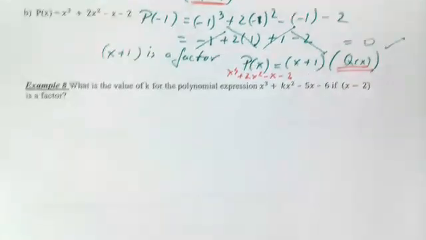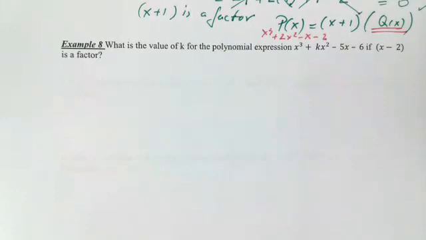Okay. Keep going. Example 8: what is the value of k for the polynomial expression x cubed plus kx squared minus 5x minus 6 if x minus 2 is a factor? If it's a factor, you have a division. Think about the factor theorem. How do we write the factor theorem? How do we check it?